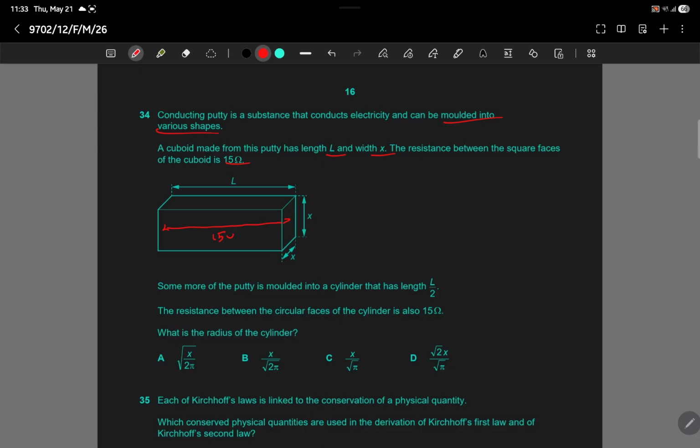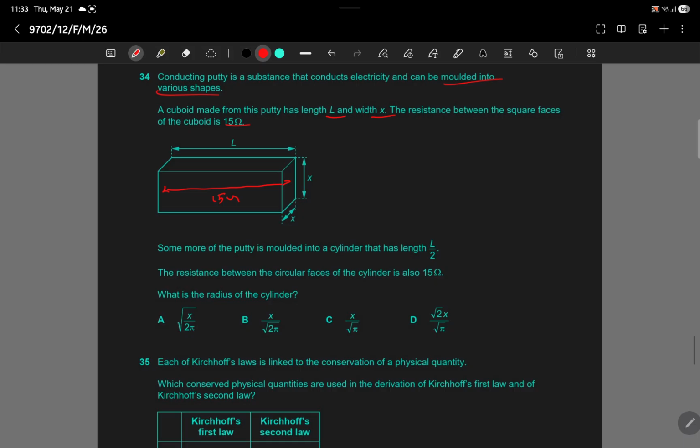Some more of the putty is molded into a cylinder that has length L by 2. The resistance between the circular faces of the cylinder is also 15 ohms. So what is the radius of the cylinder? If we draw a cylinder here, so this is a cylinder, and the length is L by 2.